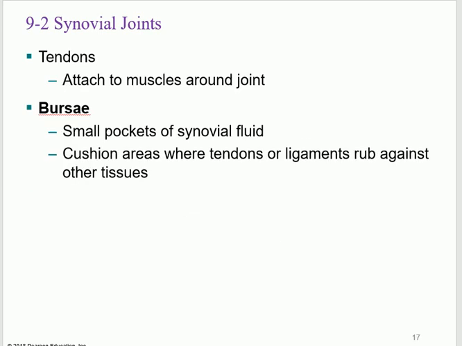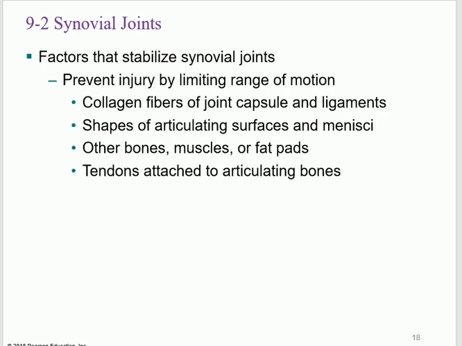Tendons, we talked about this. This is the attachment of the muscle to the bone, which is different than ligaments, which is bone to bone. How about the bursae? Again, these are small pockets of synovial fluid to act as a cushion between all these joint structures. What is making our joint stable?